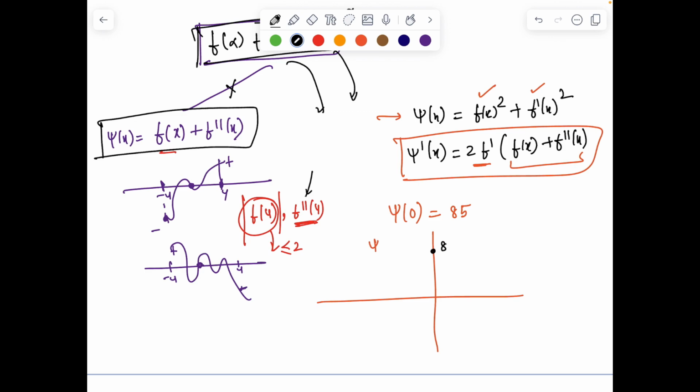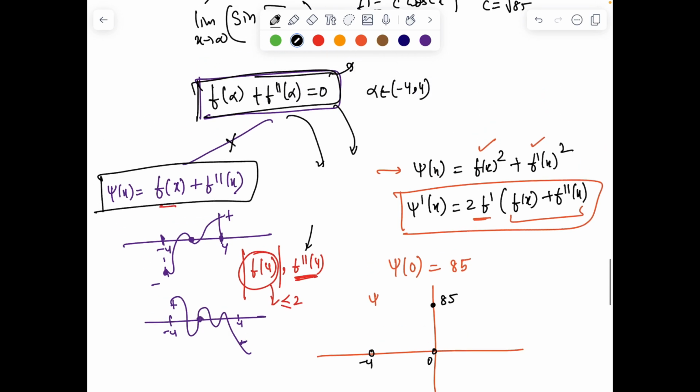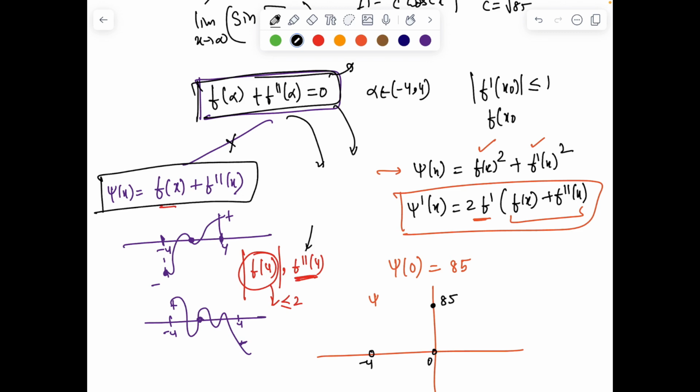Now we also know the information between 0 and minus 4, because from the second part of the problem there exists some x naught such that the magnitude of f dash x naught is less than 1, and we also know f of x naught, no matter what x naught you take, its magnitude will be less than 2 from the codomain definition.